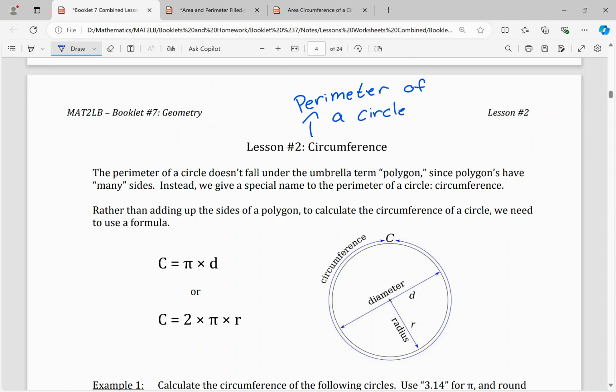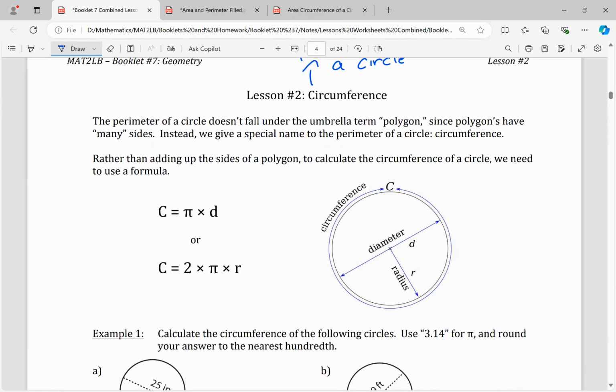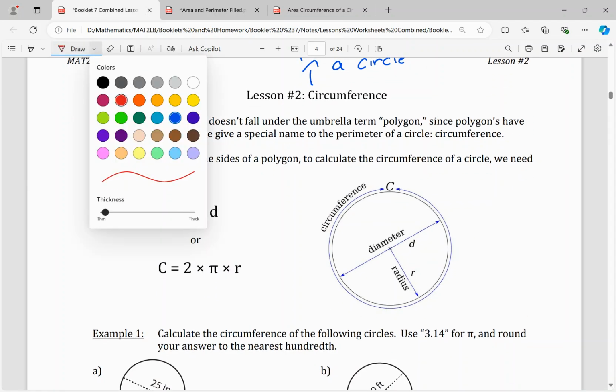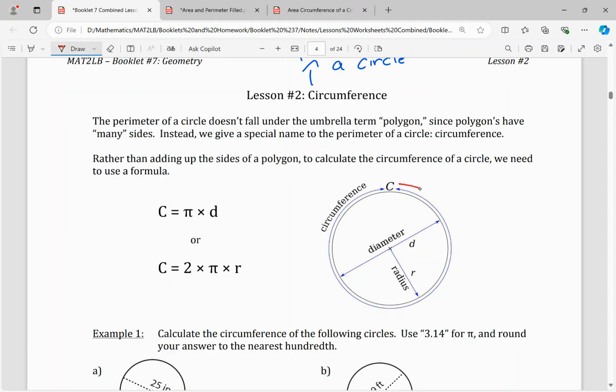Now make sure not to formally call it perimeter. When you're talking about a circle, you use the word circumference. But it still means the distance around the outside of the shape. We can see here in the diagram below that the circumference is this distance right here, all the way around the outside of the circle.